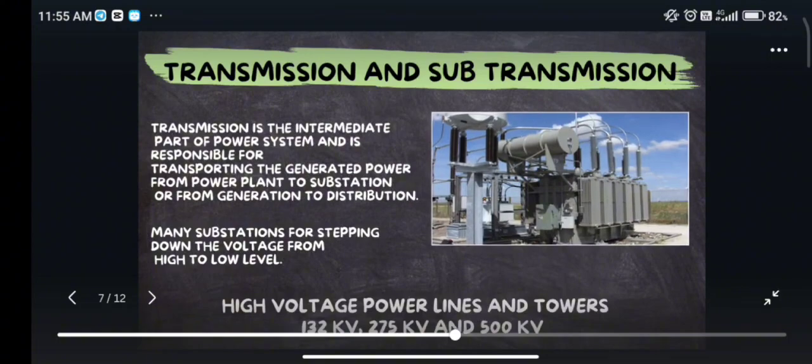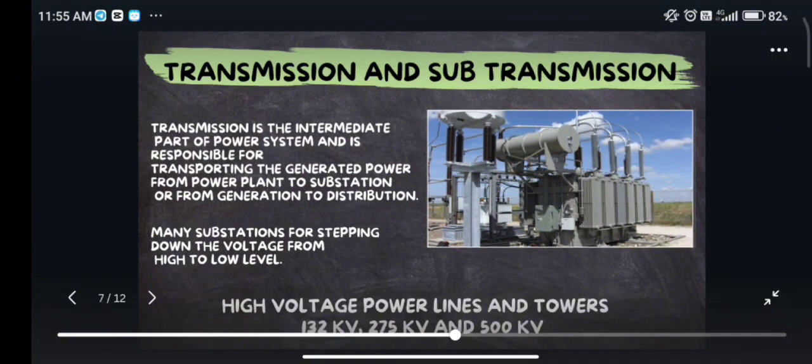And next, for transmission and sub-transmission, transmission is the intermediate part of the power system and is responsible for transporting the generated power from the power plant to the substation, or from generation to distribution. There are many substations for stepping down the voltage from high to low level.